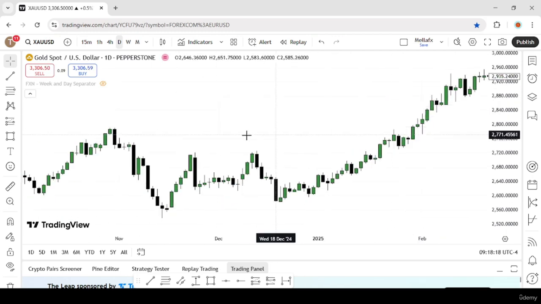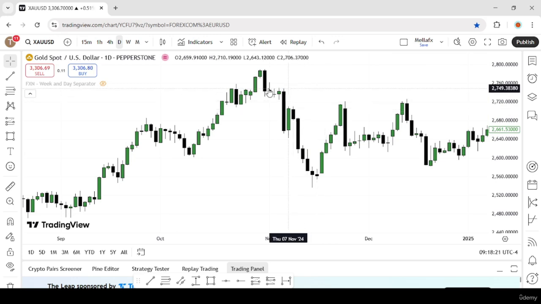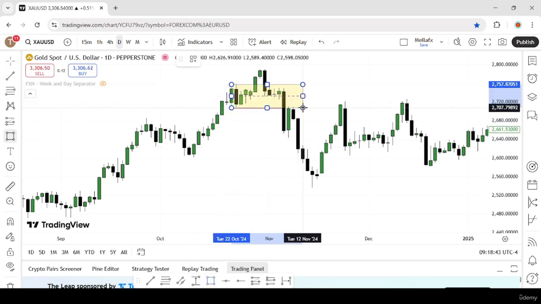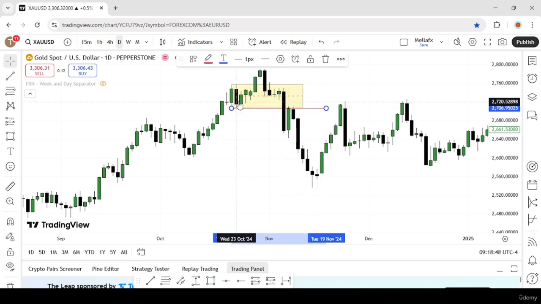Here you can go and look at your higher time frame analysis, but we see that here we had this break in market structure. So we confirm the break in structure, and now this down close candle is our breaker. So this is a bearish breaker here. Remember, I said that for the entry, you use the low of this candle.